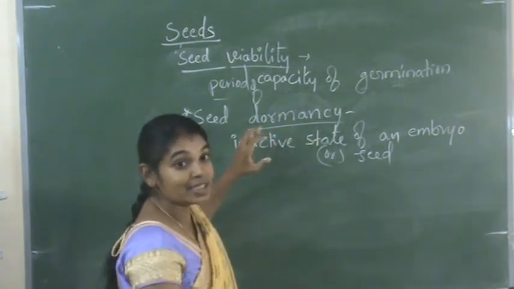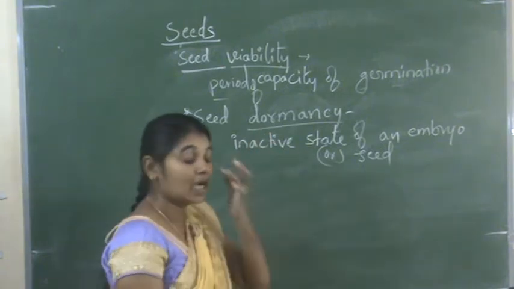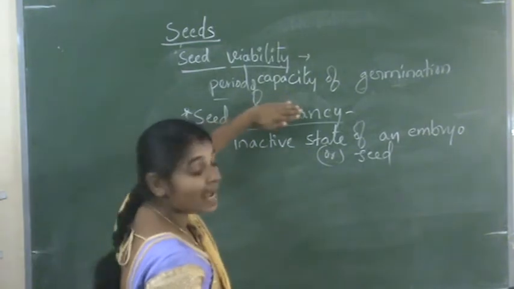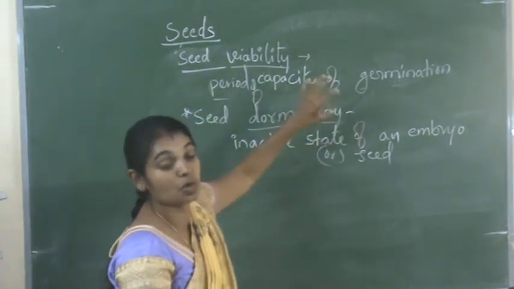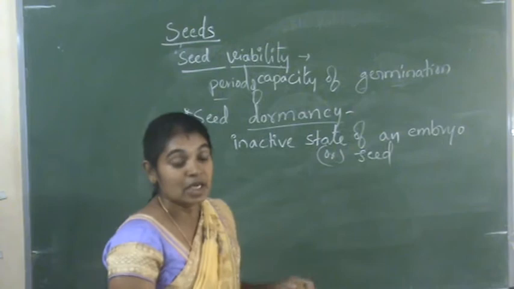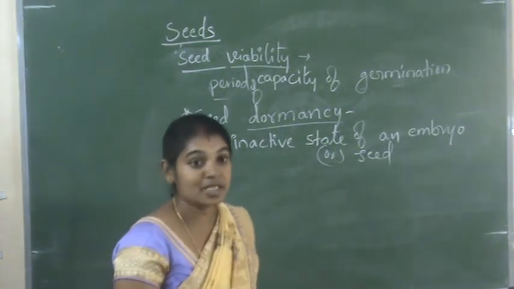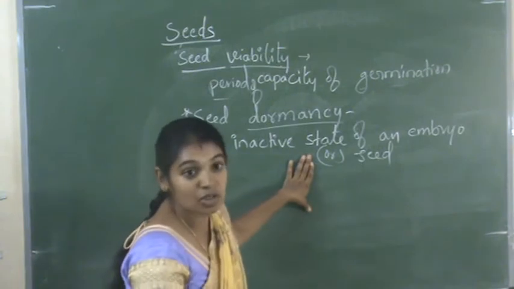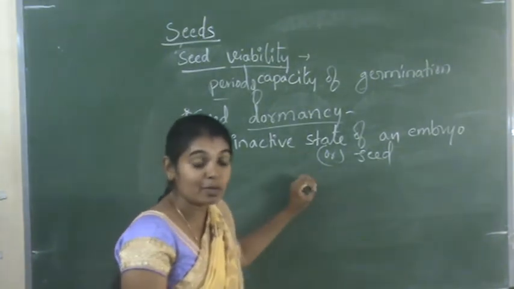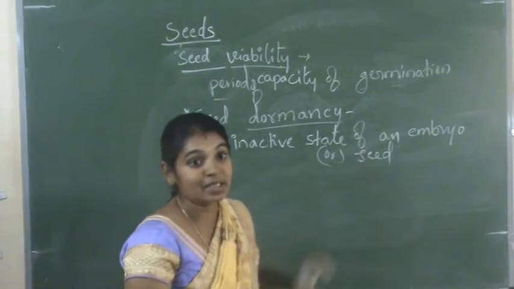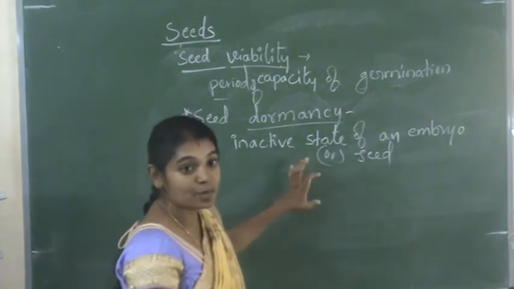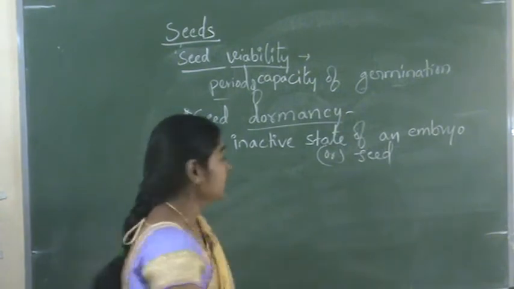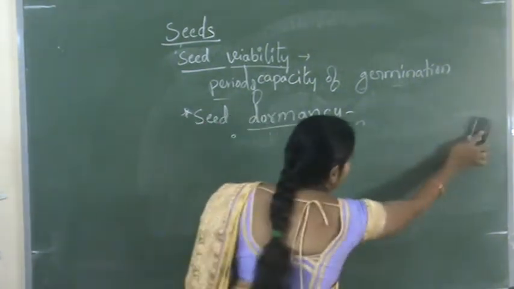When seeds are produced artificially or genetically, all these aspects have to be remembered. What is the seed viability? How many days or years can it remain functional, how long does it stay inactive, and what are the favorable conditions to germinate the seed? These are aspects to remember once the seed is germinated to produce plants.